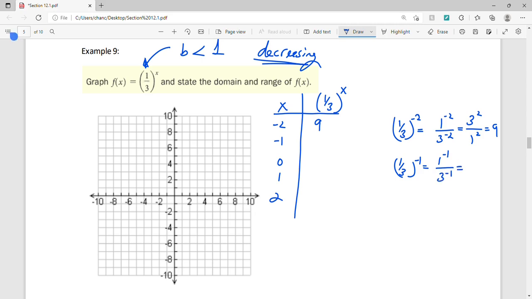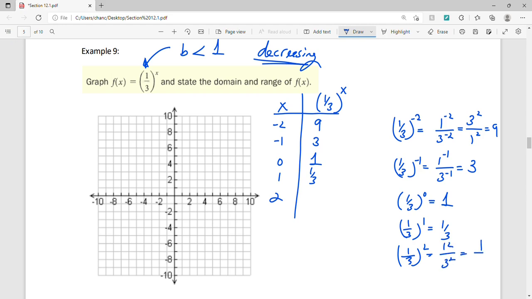And again, if you deal with the negative exponents, this is equivalent to 3. 1/3 to the 0, that's always going to give us a 1. 1/3 to the 1 is just 1/3. And 1/3 squared is 1 squared over 3 squared, which is 1/9.